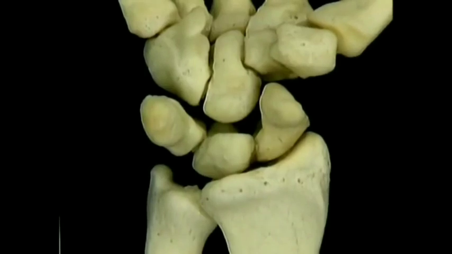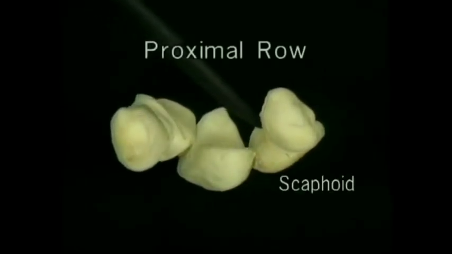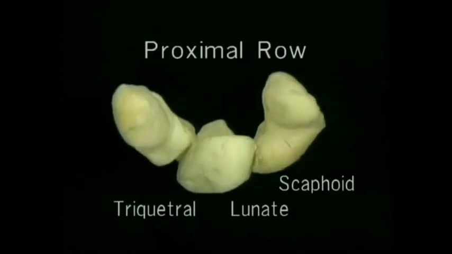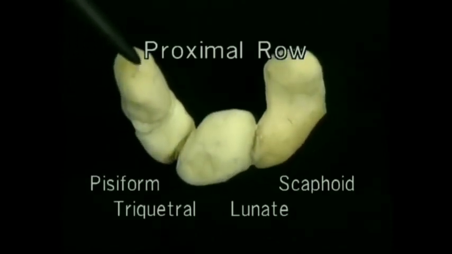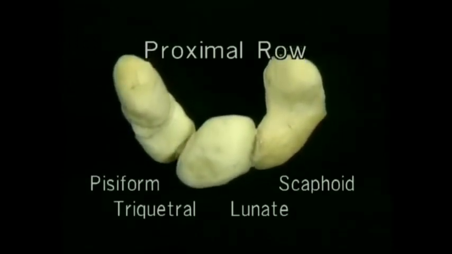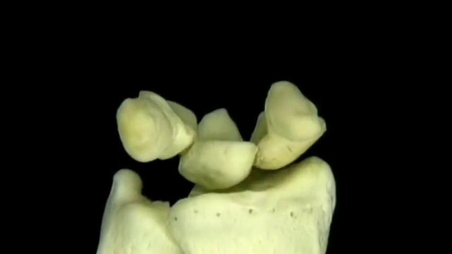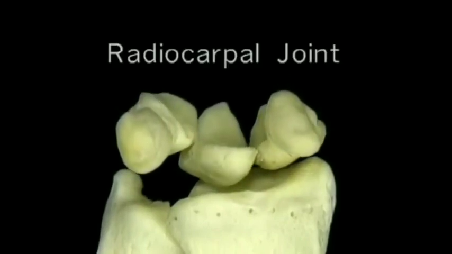The bones in each row are attached closely to one another. The 4 bones of the proximal row are the scaphoid, the lunate, the triquetral, and the pisiform, which sits by itself on the triquetral. The scaphoid, the lunate, and part of the triquetral articulate with the distal end of the radius to form the radiocarpal joint.